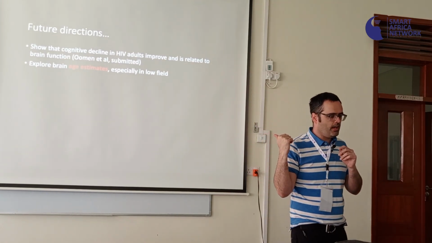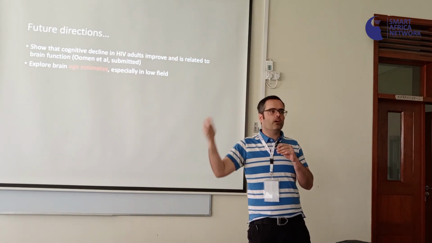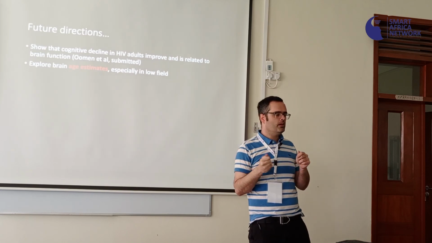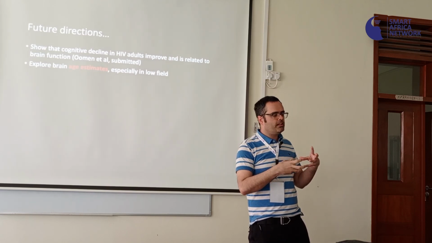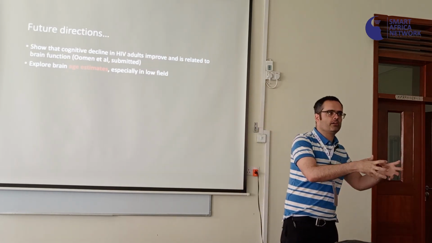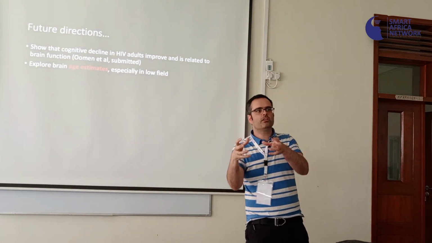We've now looked in adults, in a Dutch HIV sample that we collaborated on, at the effects of changing from efavirenz, the drug that we think is harming people, to an alternative drug.